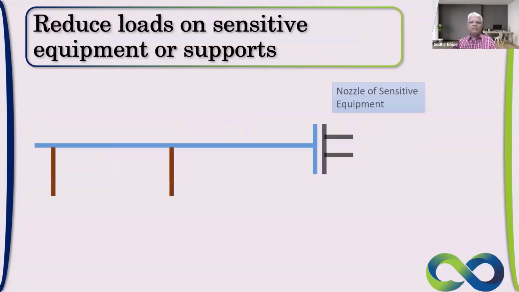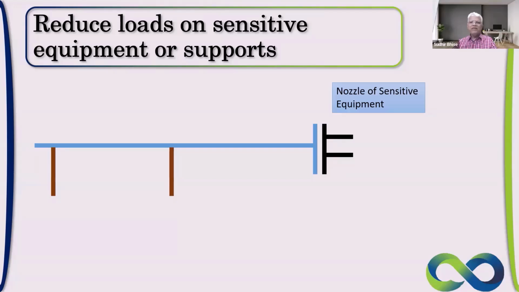Then our next purpose is to reduce the loads on the sensitive equipment or nearby supports. Here we can see one configuration shown. The blue color is the pipe which is connected to a nozzle of a sensitive equipment, and we have some supporting in front of that.